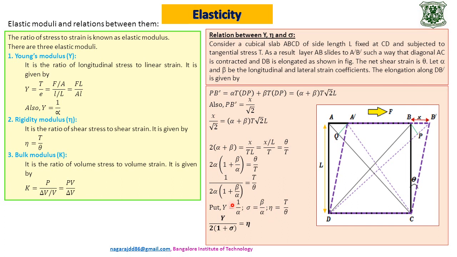So if you substitute these results here, then it becomes Y divided by 2 into 1 plus sigma equals eta. So this is the relation between Young's modulus, rigidity modulus and Poisson's ratio.